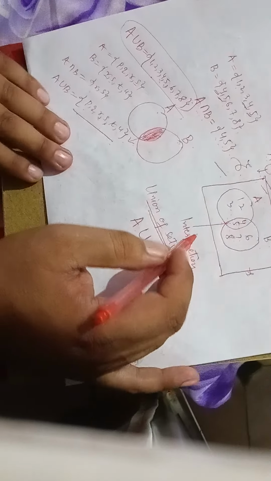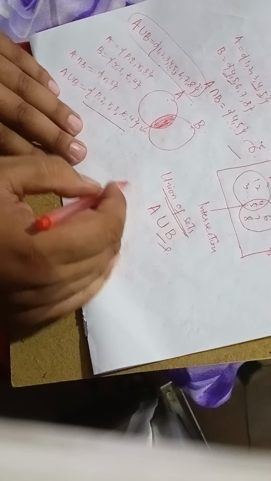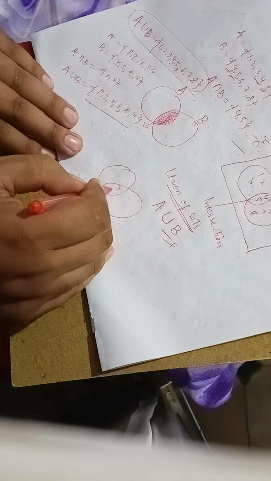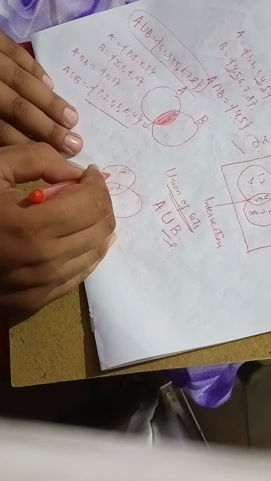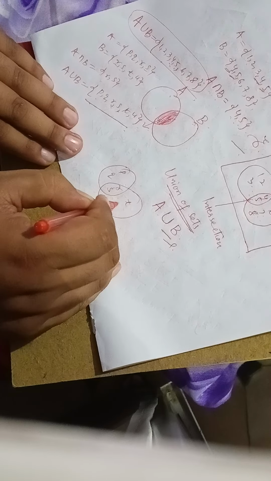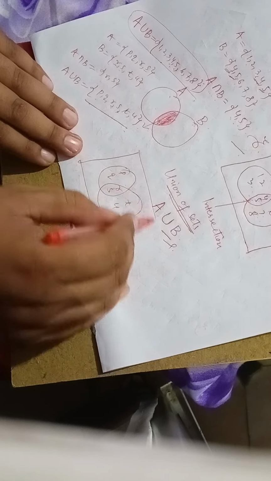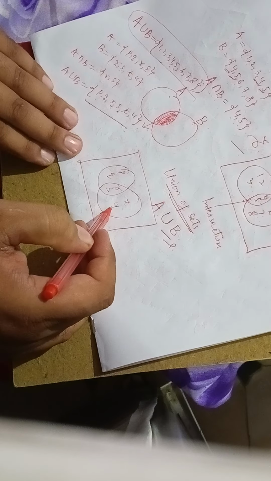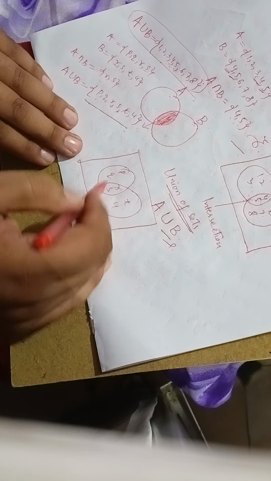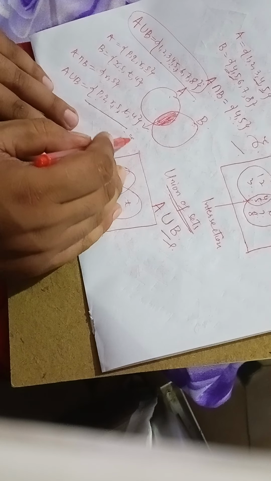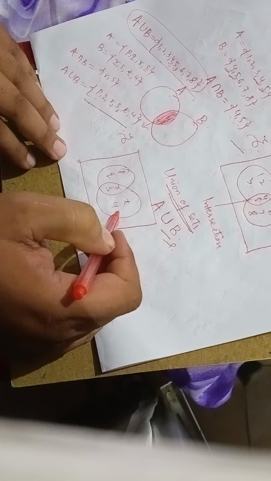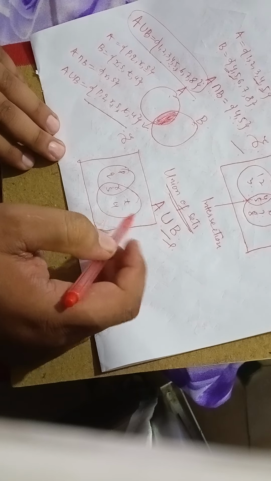How will I represent the union of sets in a Venn diagram? If I make the diagram here, R and S are there, P, Q is there, T, U is there, and here I will make the universal set. Here I am dealing with English letters, so the universal set will be all letters which exist, that's 26 letters.